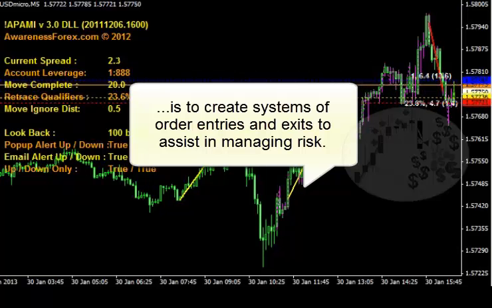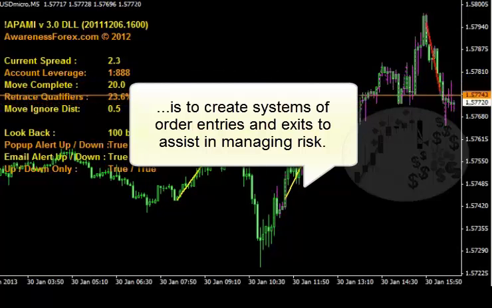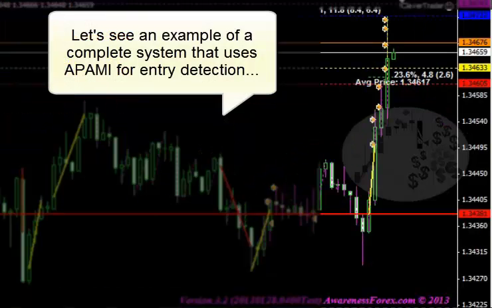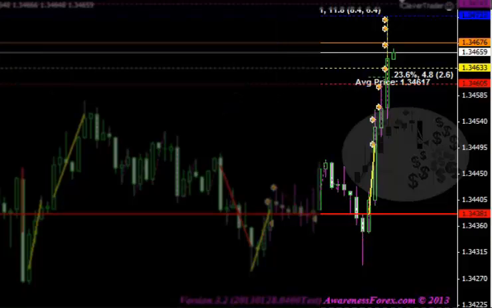Now, there's no right or wrong way to set up a system, except you must make sure that the system can produce results consistently over and over again. The best way to show this is to simply watch a complete system in action.